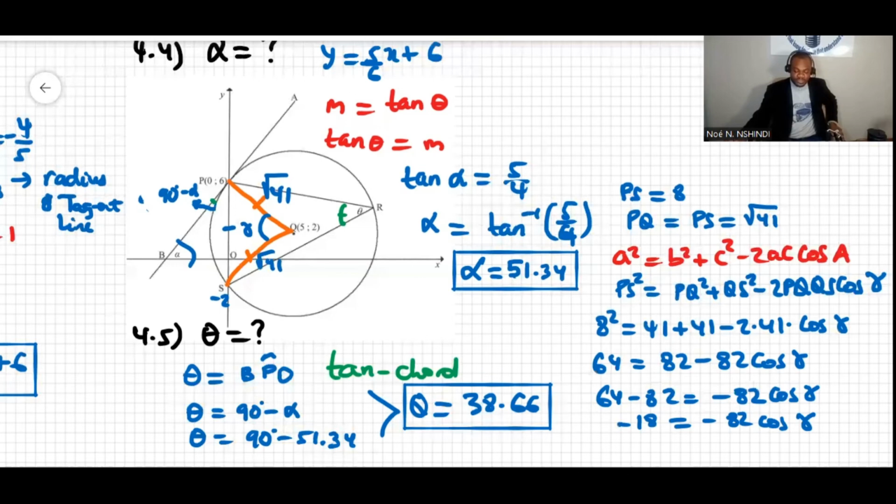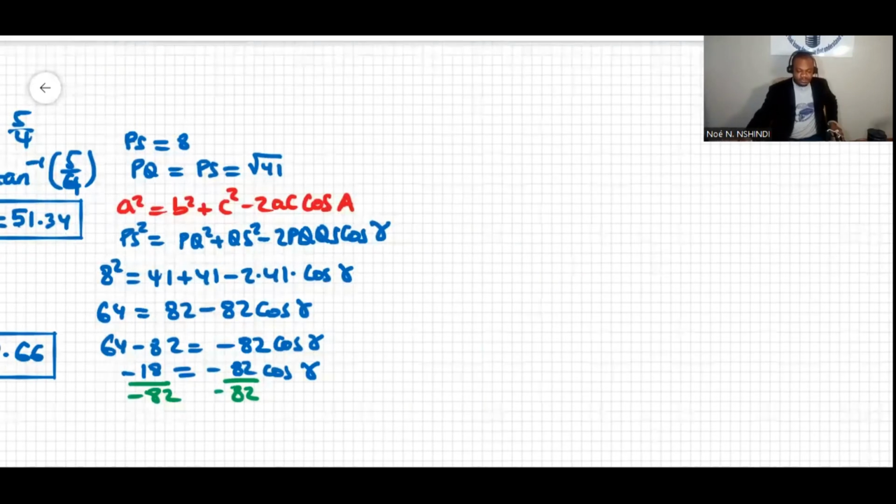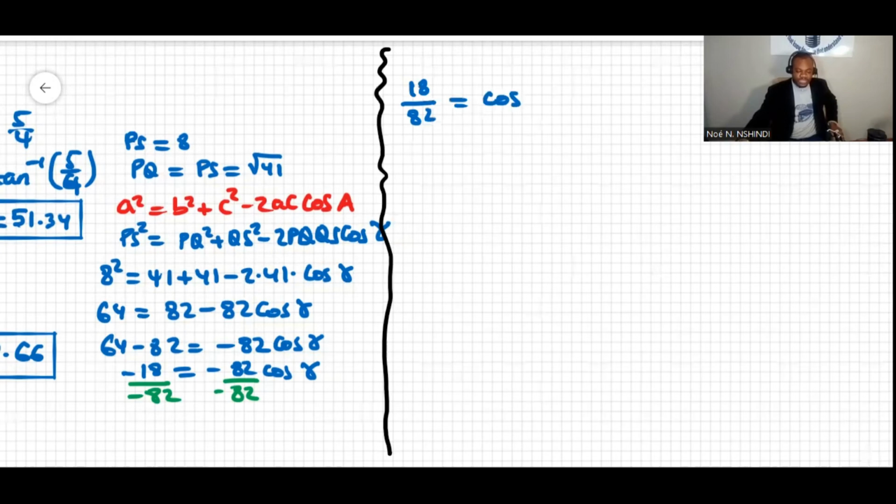So what we have is 18 over 82 equal to cos gamma. So cos gamma equals 18 over 82.